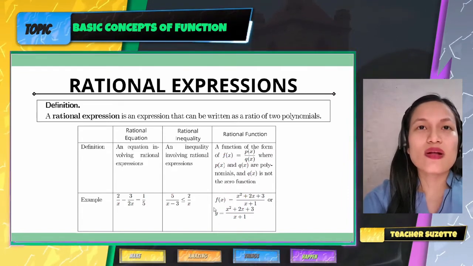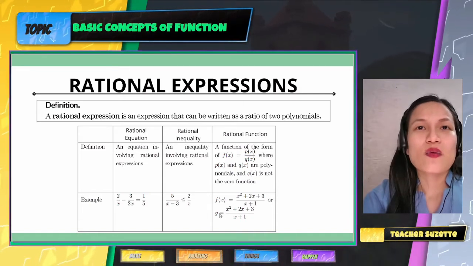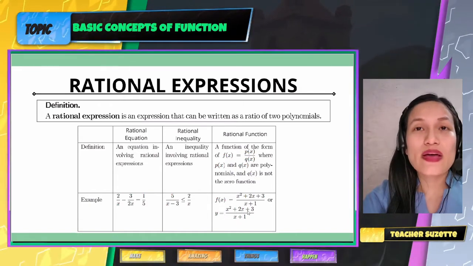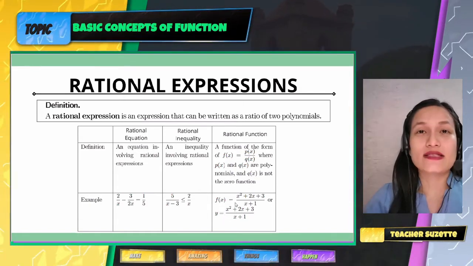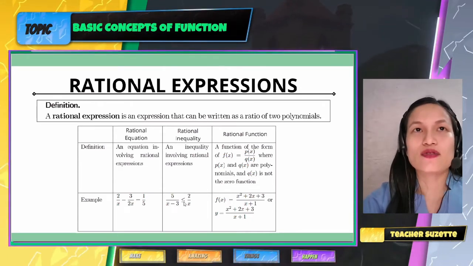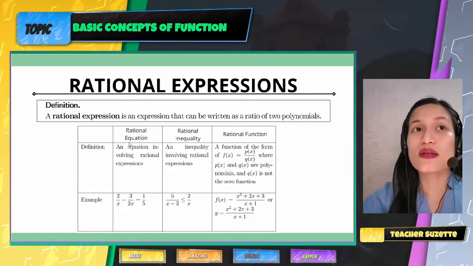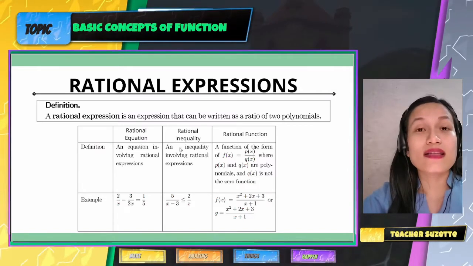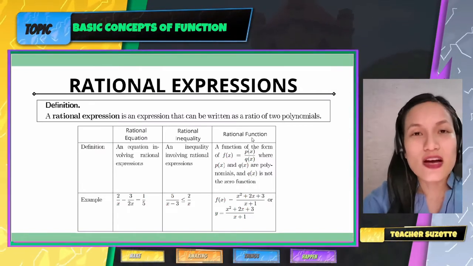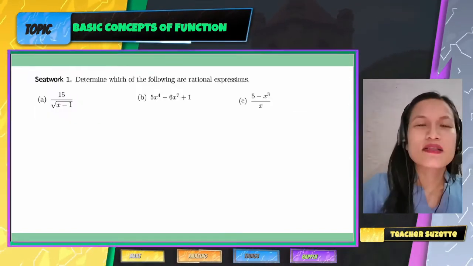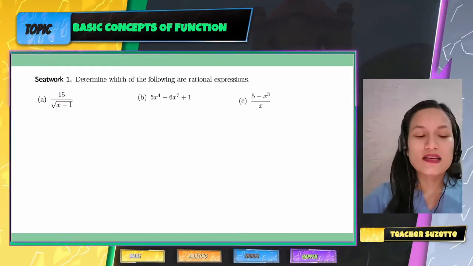So, y is equal to x squared plus 2x plus 3 all over x plus 1. These are the different kinds of expression once it is mixed with an equation, an inequality, or becomes a function.